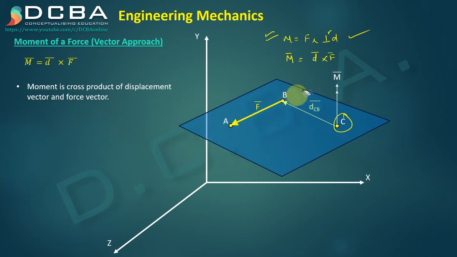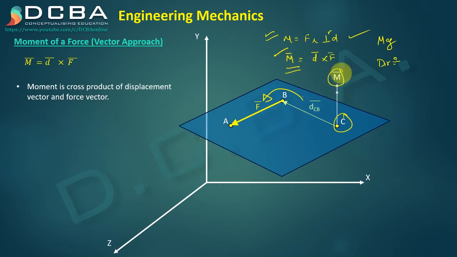See, moment being a vector, it has two components. First, it will be having a magnitude. Second, it has a direction. The direction of the moment is given by the right hand thumb rule. The right hand thumb rule says that if you curl your fingers in the direction of these two vectors, then the thumb will be pointing in the direction of the resultant vector.